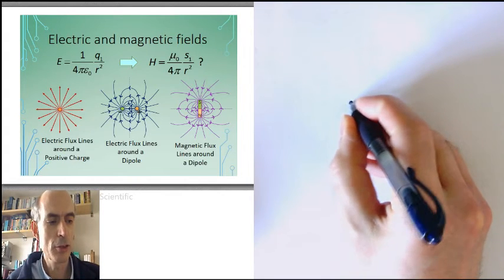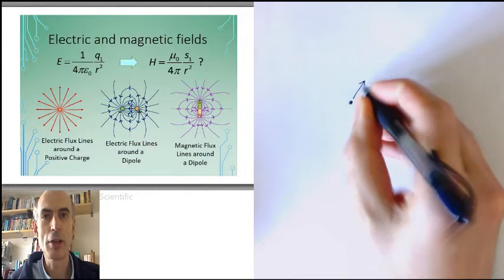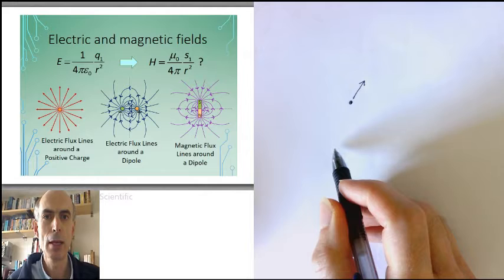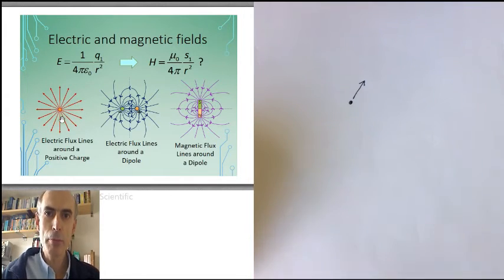One is in terms of the length of an arrow representing the magnitude of the field, and the other is in terms of these things called flux lines, where it's the density of the lines which represents the strength of the field. And if you remember, the field strength is the force that would be exerted on a unit charge.